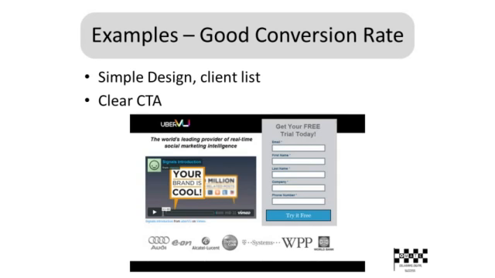It says they are the world's leading provider of real-time social marketing intelligence, and they have a video which clearly explains the message to customers. You can also see some very big client names there, like Audi and Thomas Cook. That's going to improve the credibility of the business as well. So if you compare this one with the other, this website is definitely going to have better conversion.